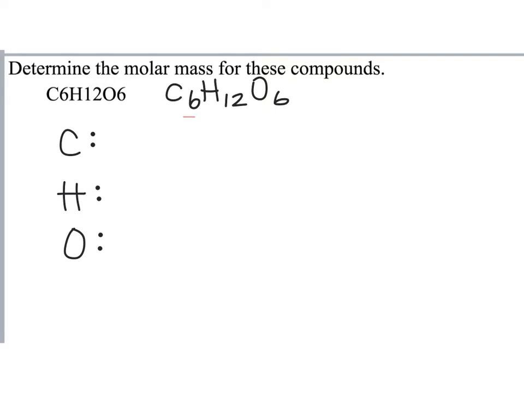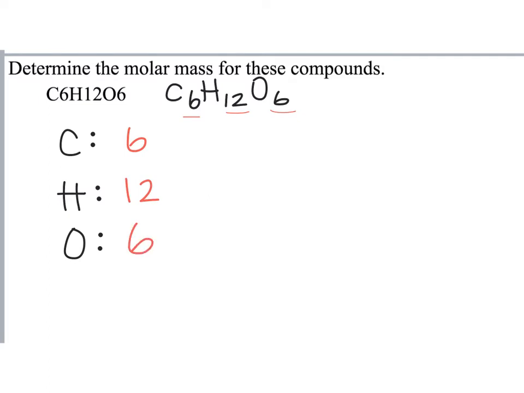You're going to say, well, I'm going to have 6 C's, 12 H's, and 6 O's. So I'm going to come down here and write that out. 6 of these, 12 of these, and 6 of those. And just for the sake of consistency, I'm going to do these in red. 6 C's, 12 H's, 6 O's.